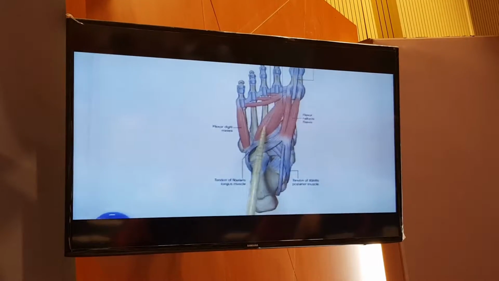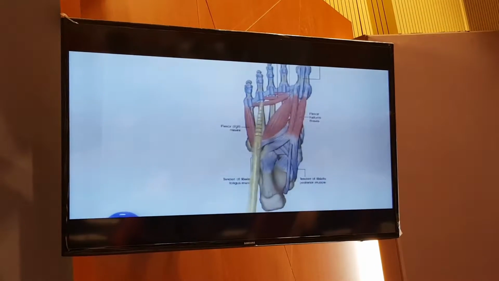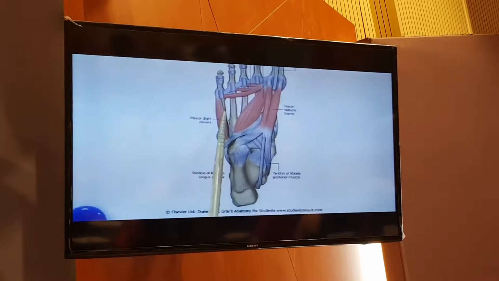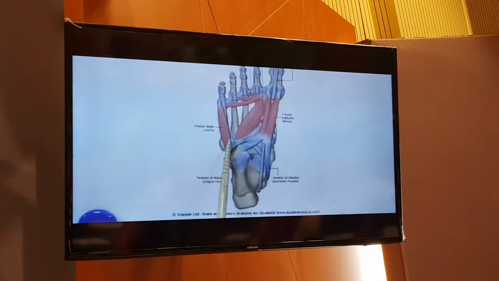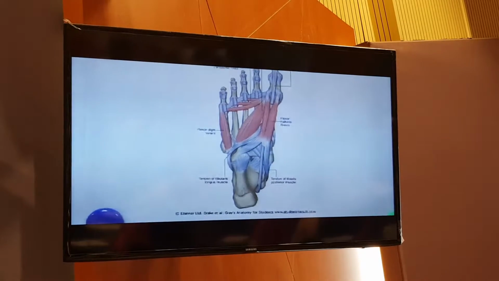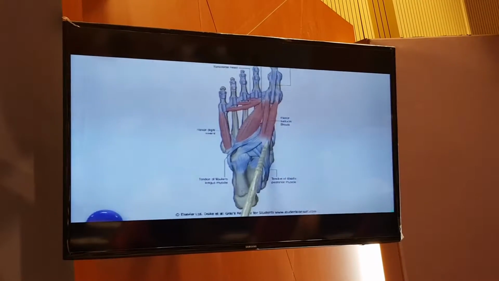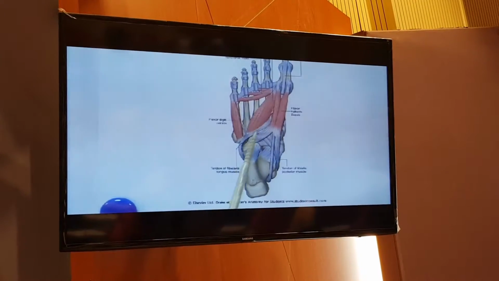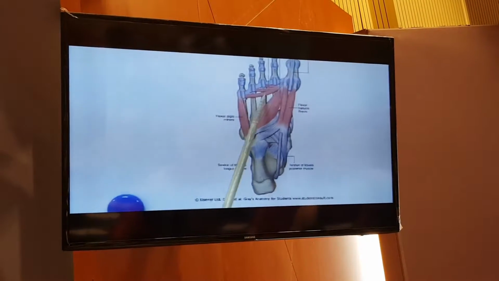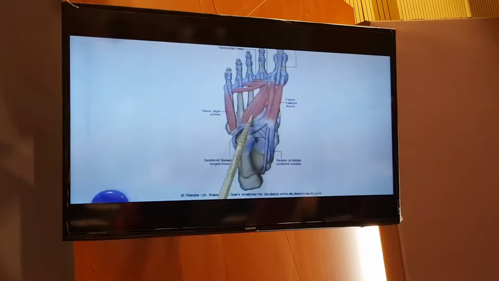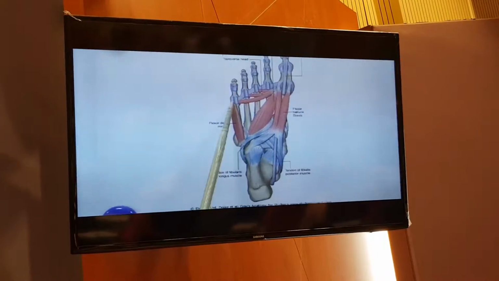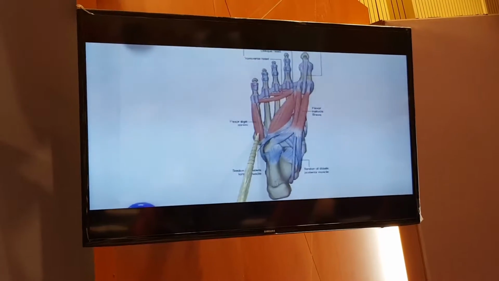On the lateral side, the flexor digiti minimi muscle is there. So in the third layer, we have the short flexor of the big toe, flexor hallucis brevis; the adductor of the big toe, adductor hallucis, with transverse head and oblique head; and the short flexor of the little toe, flexor digiti minimi.